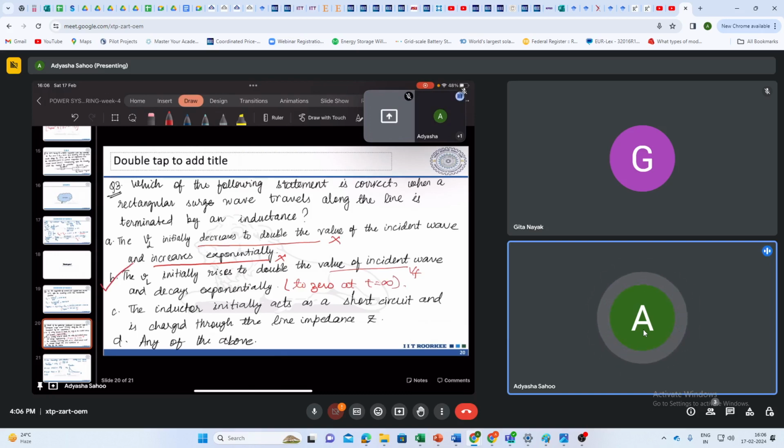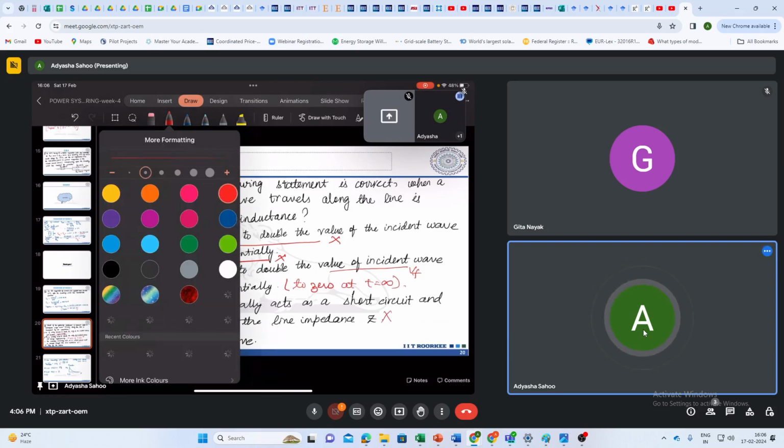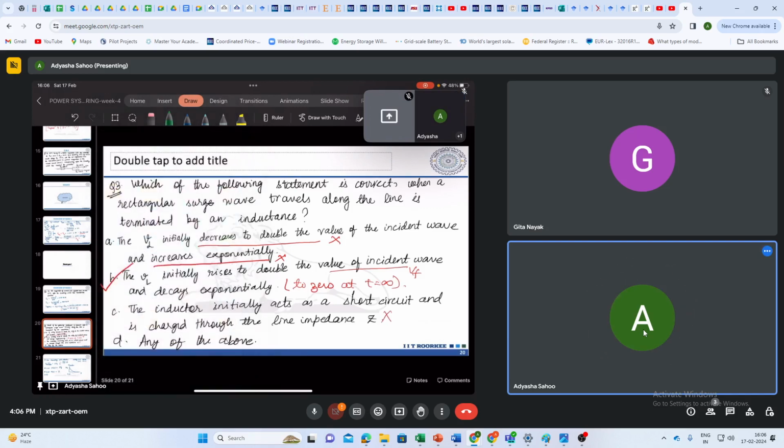The third one says the inductor initially acts as a short circuit and is charged through the line impedance Zc. So this is again wrong. We had seen that initially the inductor will act as an open circuit, so the voltage is increasing to 2 times the incident voltage, and finally, at t equal to infinity or at steady state, it acts as a short circuit so that the voltage decays to 0.